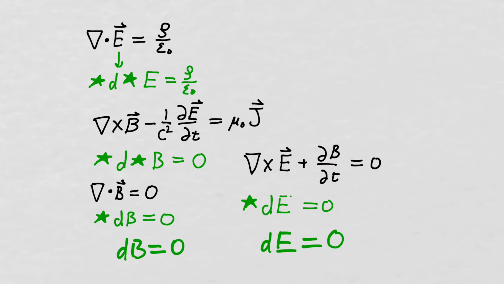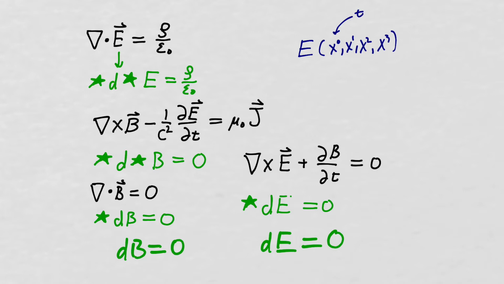So what we really need to understand is that when we are doing this work, E, which is a one form, is a function of x0, x1, x2, and x3, where our x0 is our time.